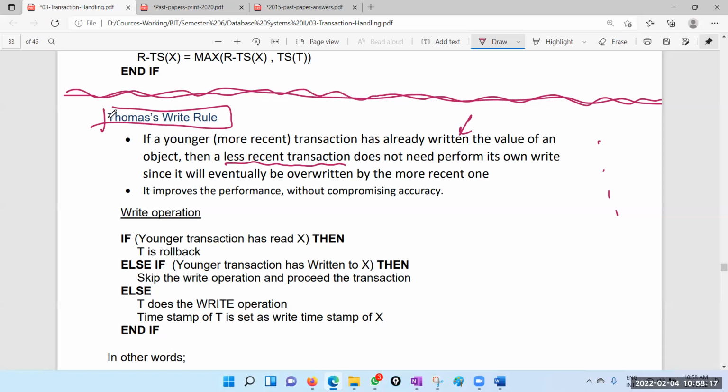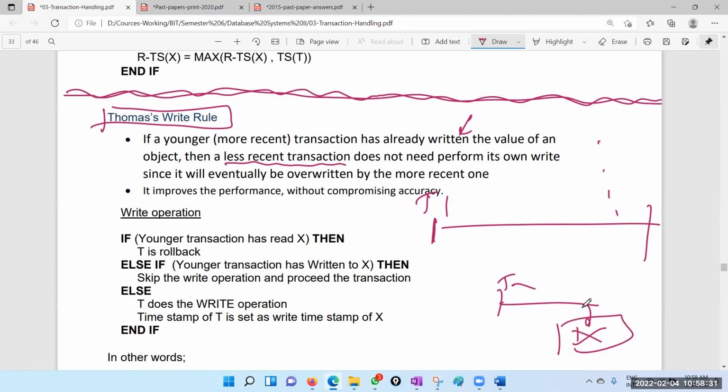The idea is, now you are an older transaction, say T1. T2 started later and T2 has already written to resource X before you. Now you try to write to resource X. There is no point in writing it, because the younger transaction that started later is anyway supposed to write to it. And you are the older one.